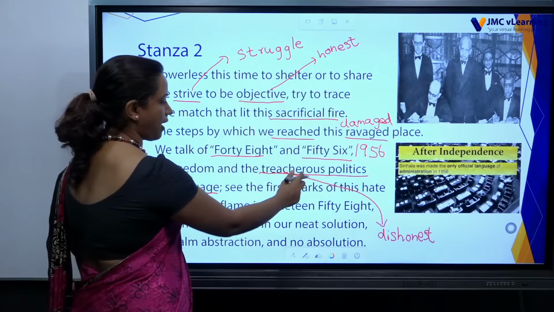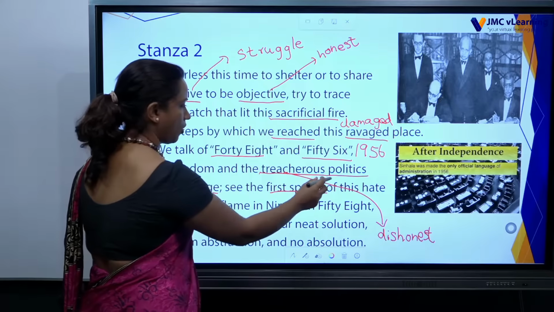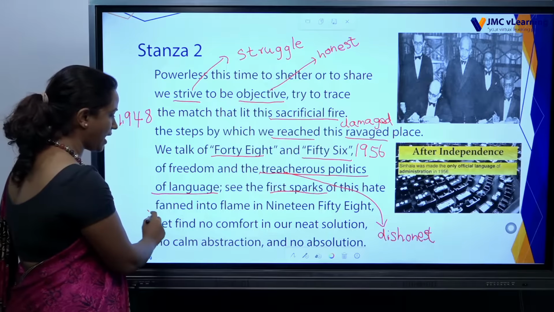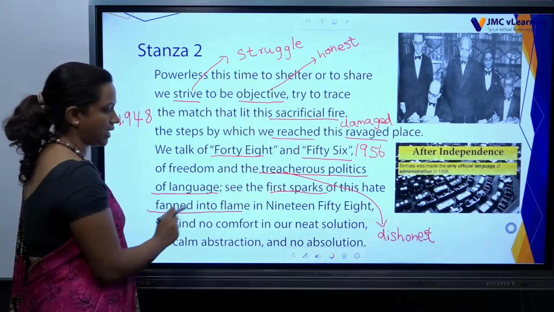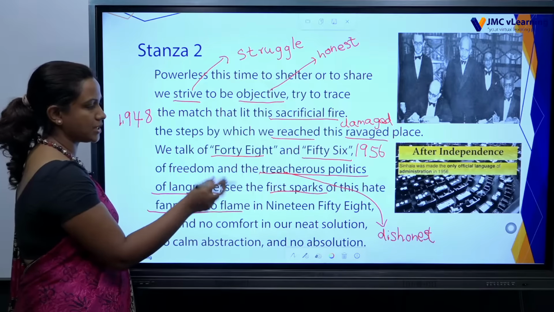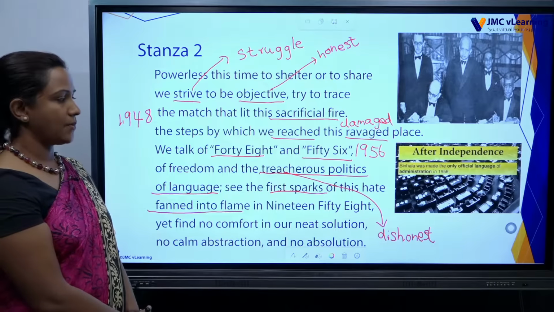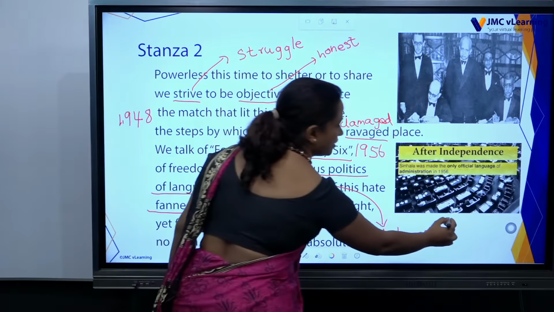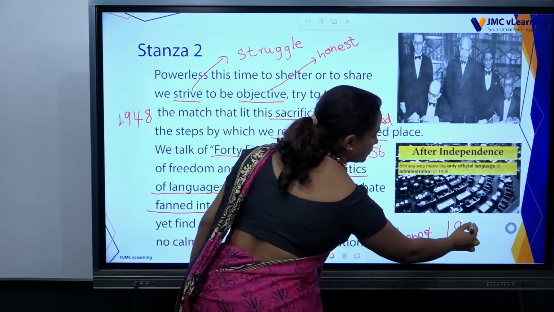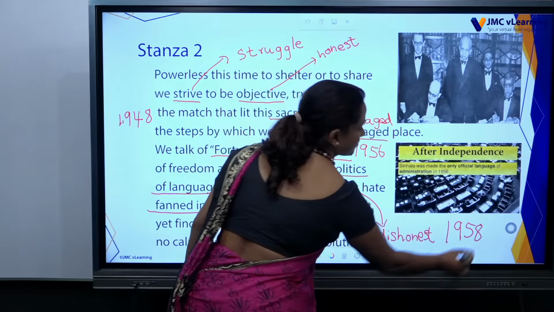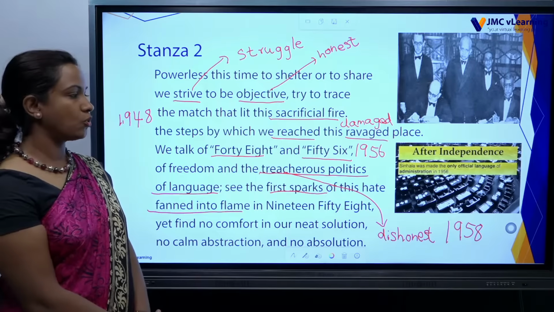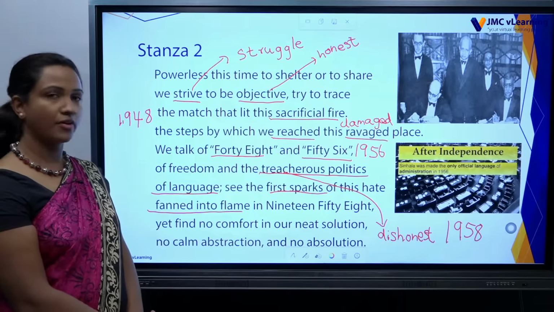See, the first sparks of this hate fanned into the flame in 1958. What happened in 1958? There's another year, 1958. There was some group formed together. There were riots.